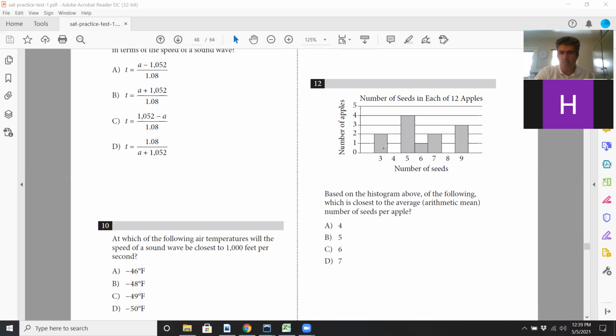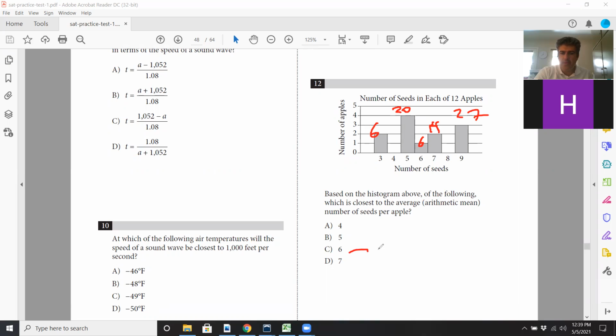Apparently 2 apples have 3 seeds, so that's 6 seeds. 4 apples have 5 seeds, so that's 20 seeds. 1 apple has 6 seeds. 2 have 7 seeds. And 3 have 9 seeds.